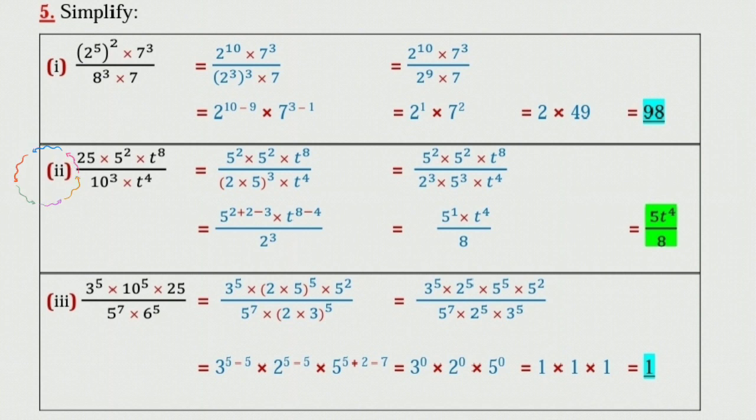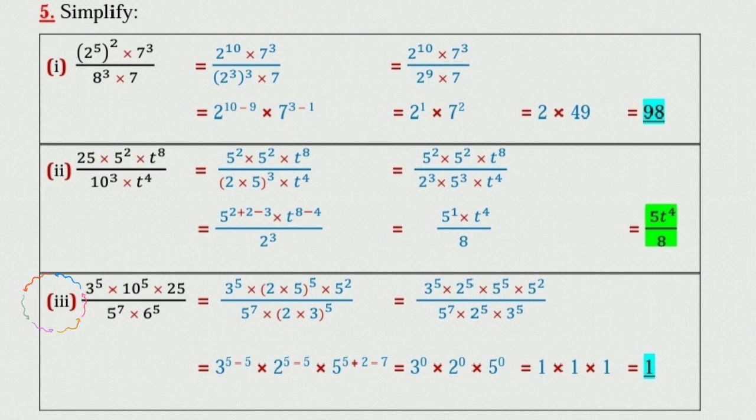Now simplify this, that is 5^2 × 5^2 × t^8 upon 2^3 × 5^3 × 8^4. Now simplify this further, that is 5^(2+2−3) × t^(8−4) upon 2^3, which is equal to 5^1 × t^4 upon 8, which is equal to 5t^4 upon 8. It's clear, everyone? Very good.